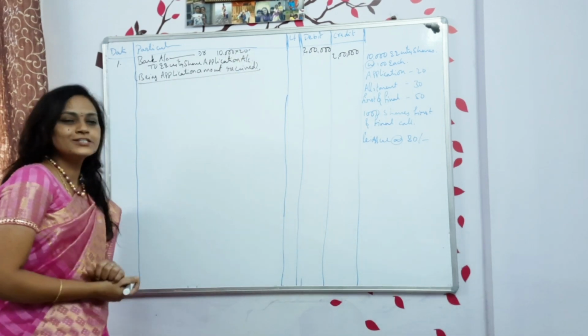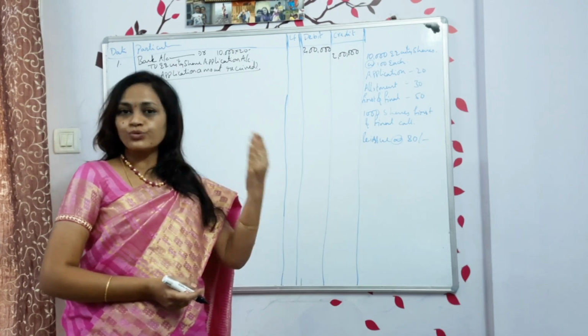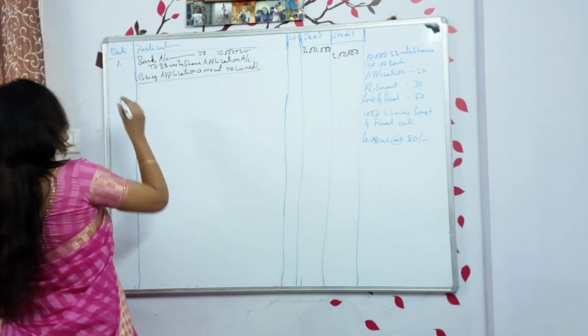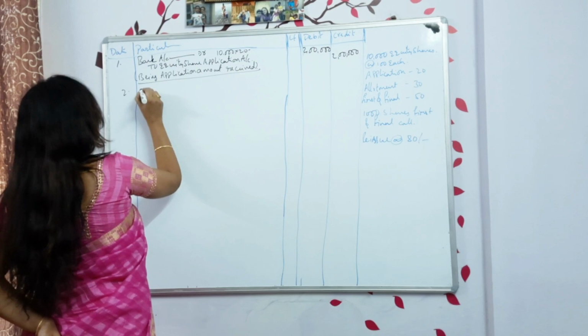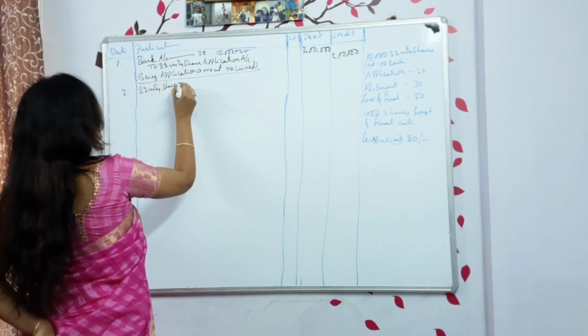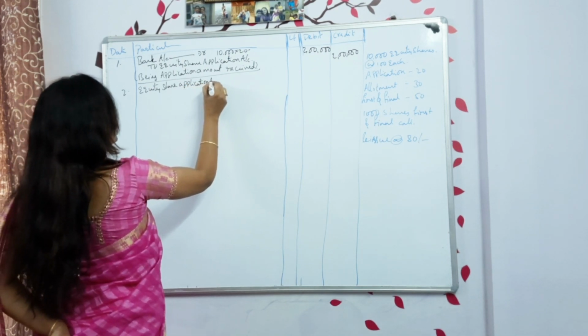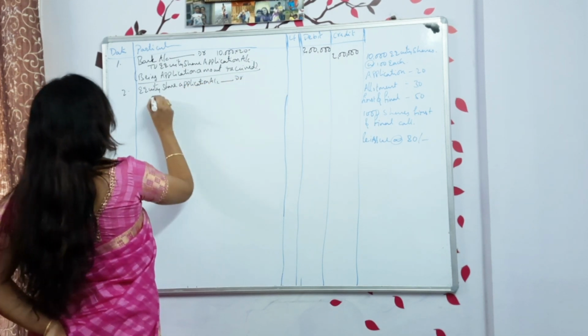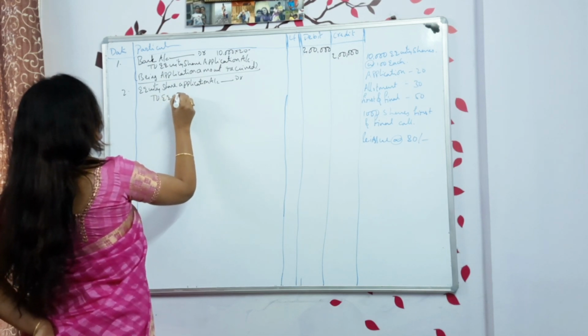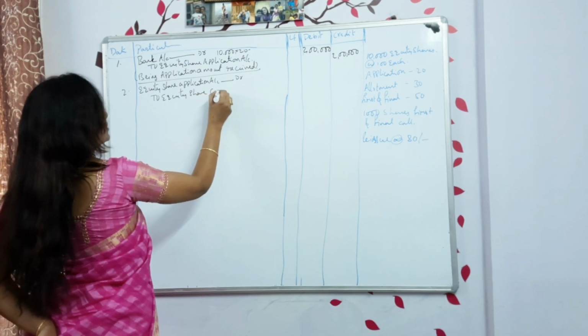Then the second journal is for transferring the application amount to capital. Equity share application account debit to equity share capital account.